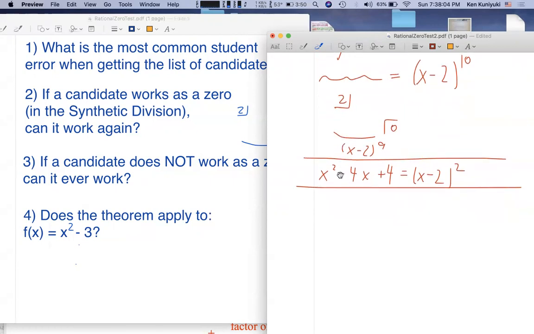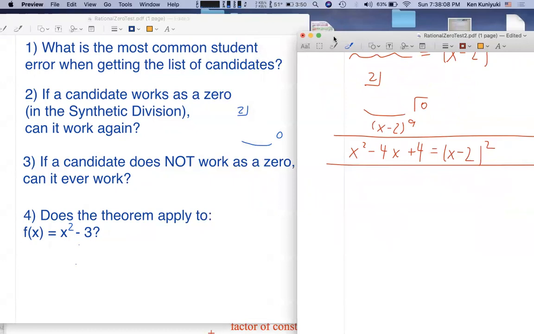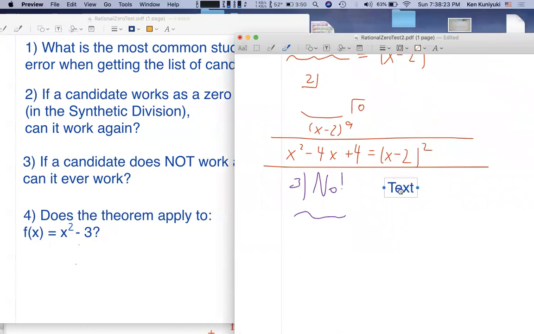Third, if a candidate does not work as a 0, can it ever work? The answer to that is no. Imagine a polynomial up here, and 2 is not a 0.